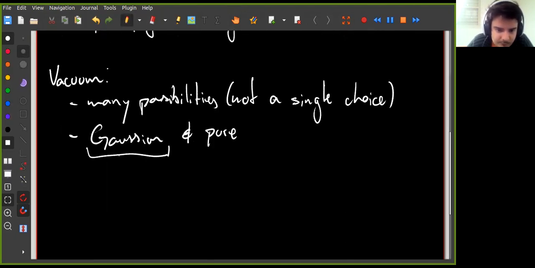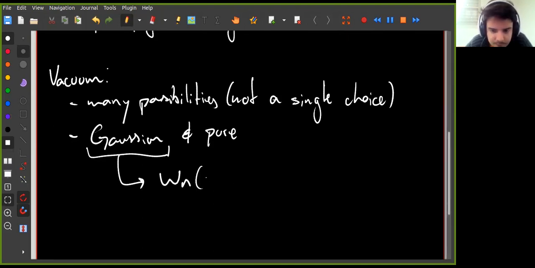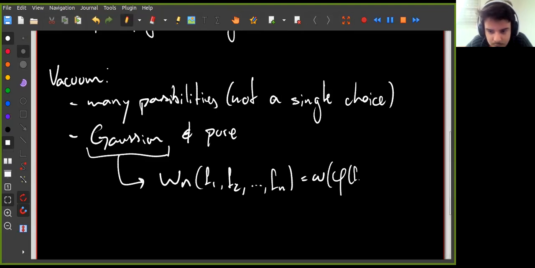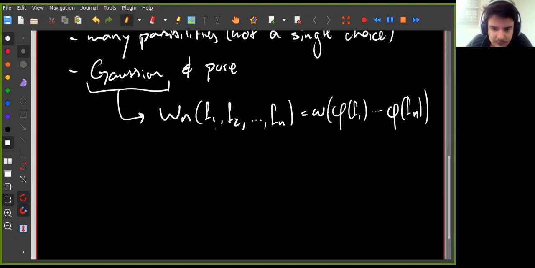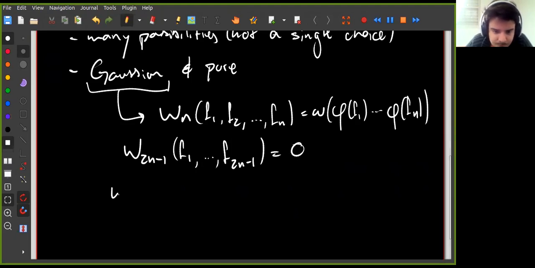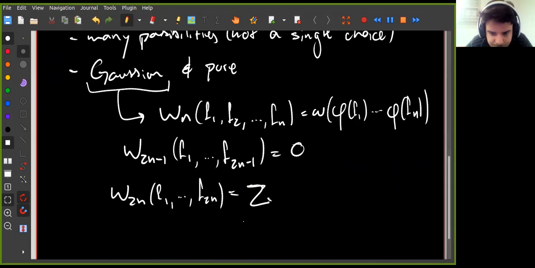Where Gaussian means that the n-point functions were such that the odd ones vanish and the even ones are given by Wick's theorem.